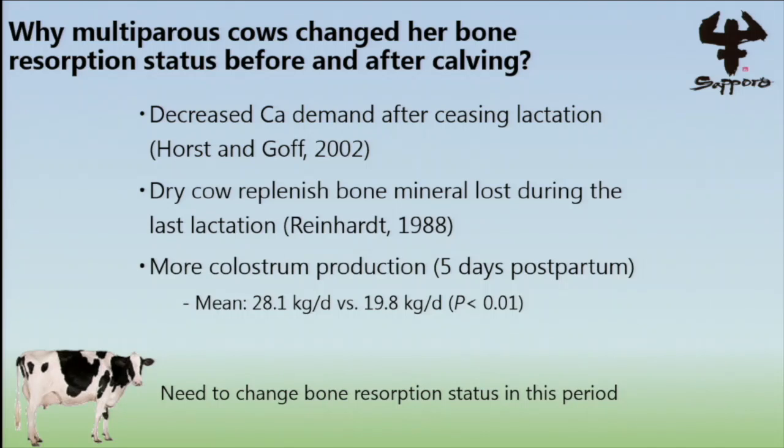Also, we found more colostrum production for 5 days after calving in multiparous cows. Therefore, the multiparous cow faces a more dramatic change in calcium demand. So probably they need to change their bone resorption status in this period.